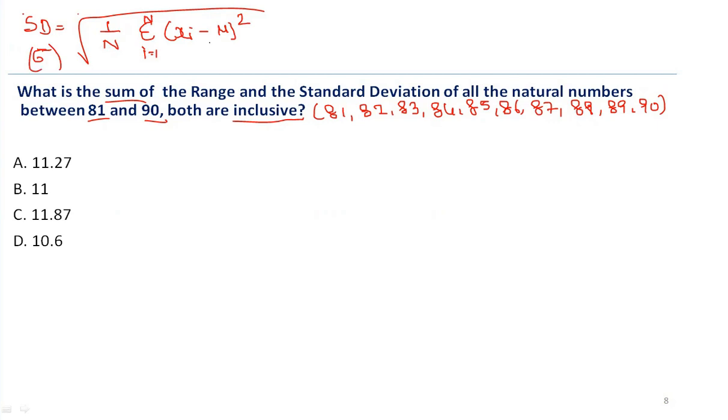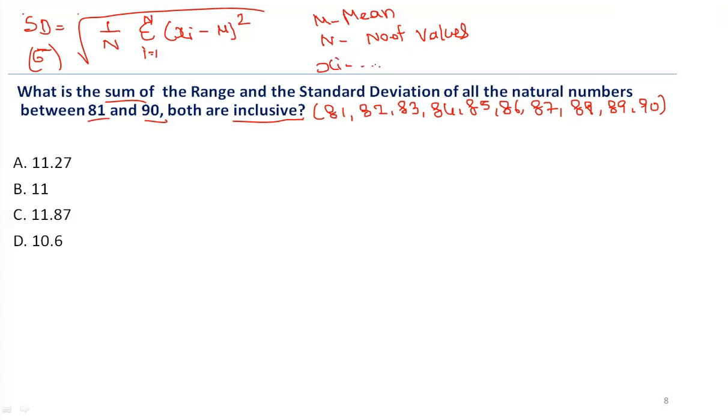Here capital N is nothing but the total number of observations presented in the given data or given question. Xi is nothing but the individual observation. That means 81, 82, 83, 84, starting with 81 to 90. And mu is nothing but mean here. I'm writing here, mu is nothing but mean. N is nothing but the number of values or number of data that is presented here.